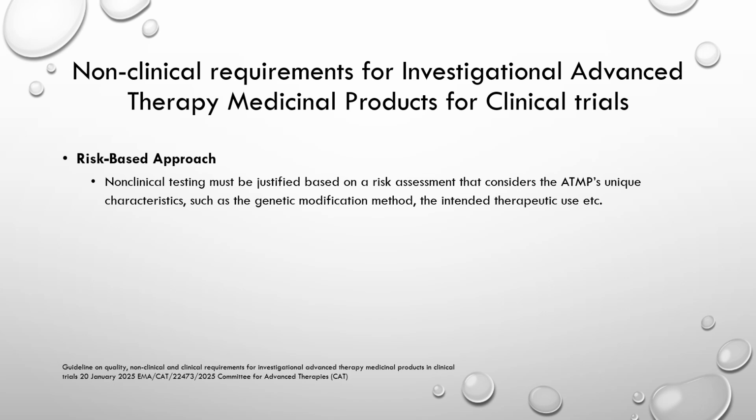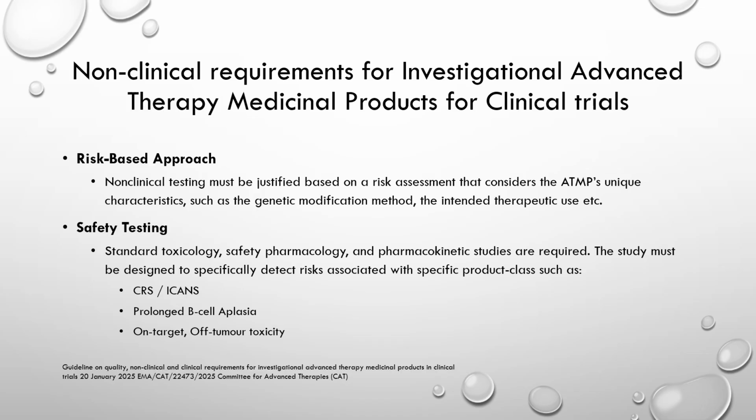This risk-based approach is necessary because all of these products are different. They all have unique characteristics and different intended therapeutic uses, and therefore you have to tailor your non-clinical studies and the risks associated with that to the product class.